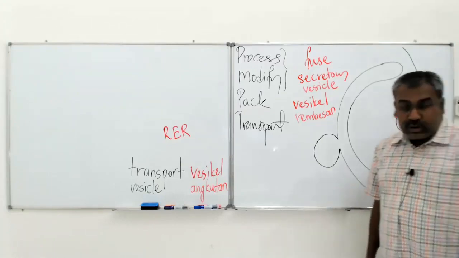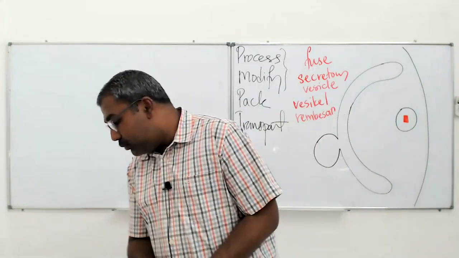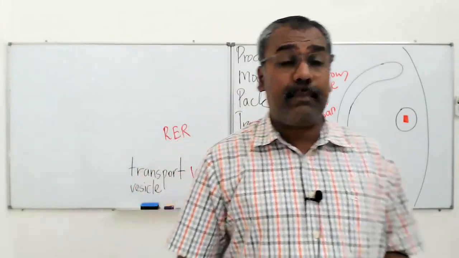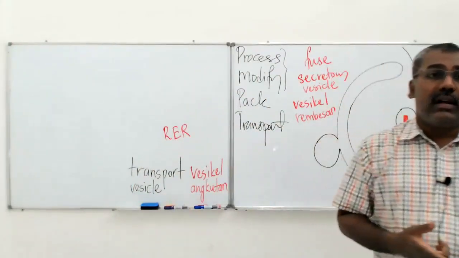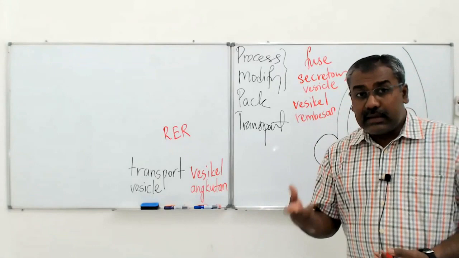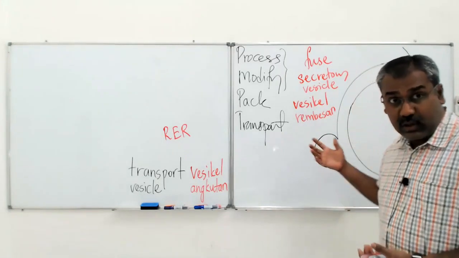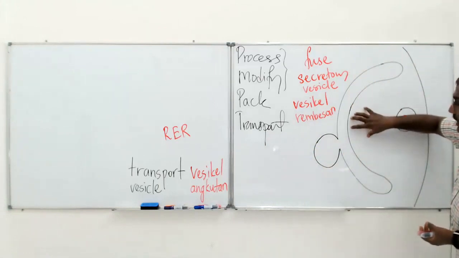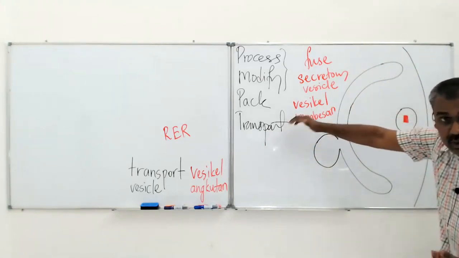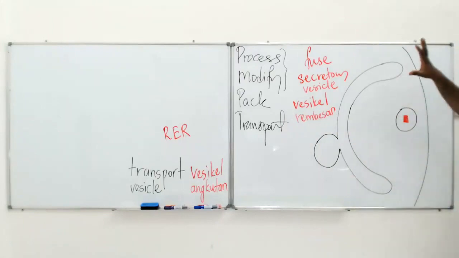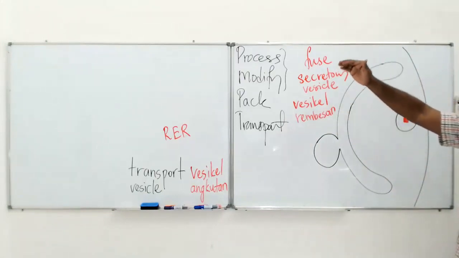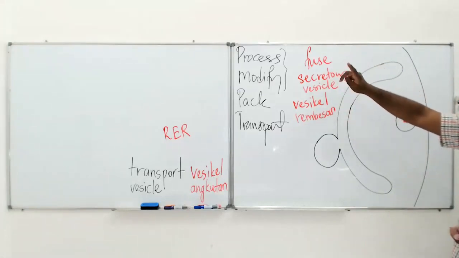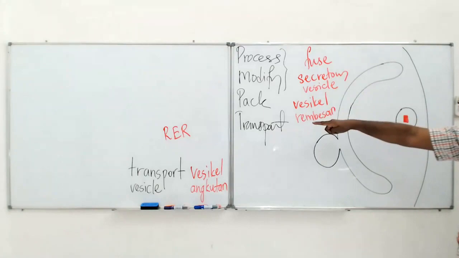Kalau you want to look at your textbook, kamu boleh tengok muka surat 88. Kita akan belajar ini semasa kita nak belajar how enzyme is produced. So this is how Golgi process, modify, pack, and transport.